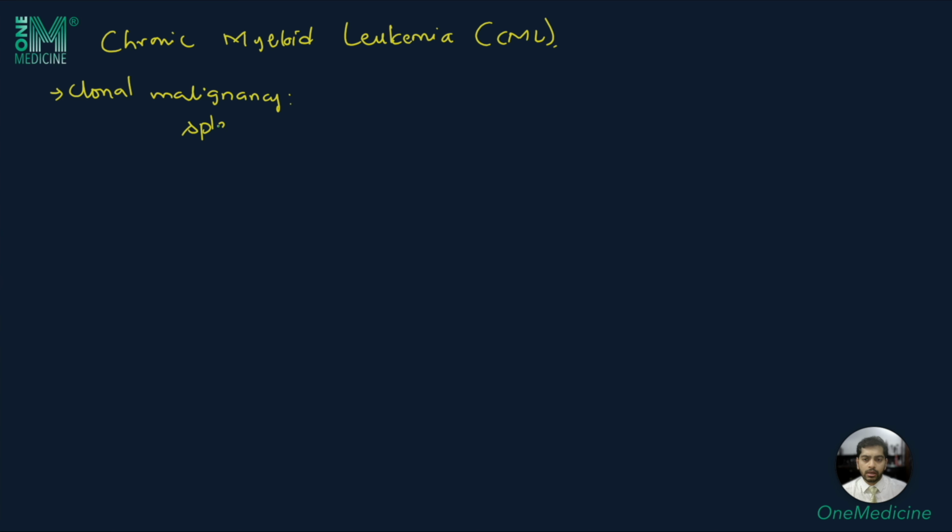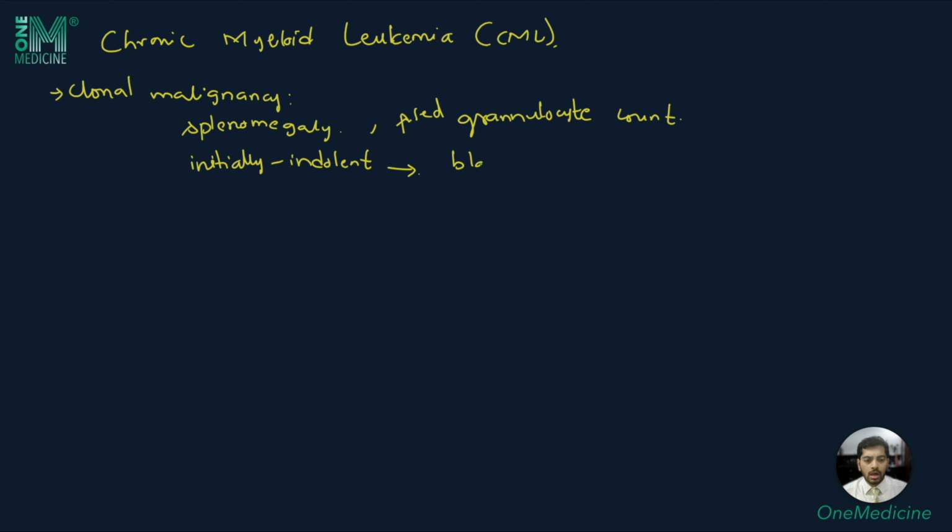The next topic is chronic myeloid leukemia, or CML in short. CML is a clonal malignancy which is usually characterized by splenomegaly and increased granulocyte count. The course is usually initially indolent.